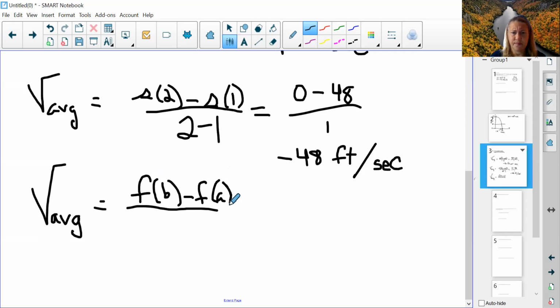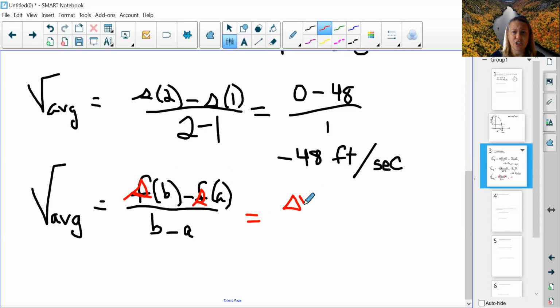And actually, I'm writing this in terms of F, but in this case I called it S. So what I've got here is my Y value, the functional values; we know our Y values.